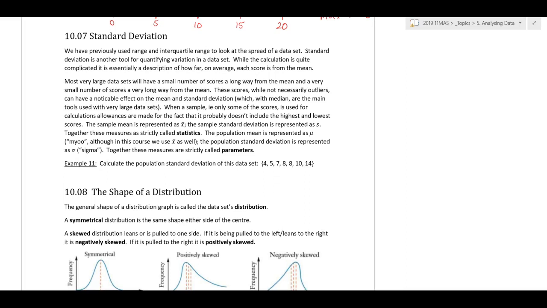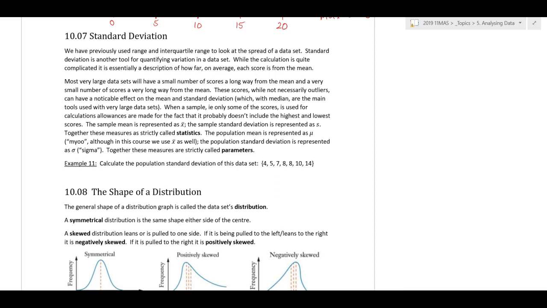However, if I just have a sample, there is a chance that I will have missed the very shortest people in year 11 as well as the very tallest, because there's not very many of those really short and really tall people. So there's not a particularly high likelihood that they're going to end up in my sample. If that's the case, then trying to determine how spread out the data is, I'm going to tend to underestimate it a little bit if I don't have the really big and the really small scores.